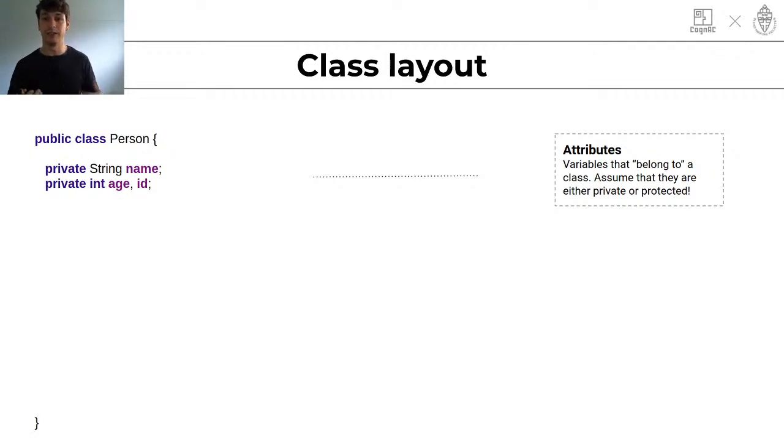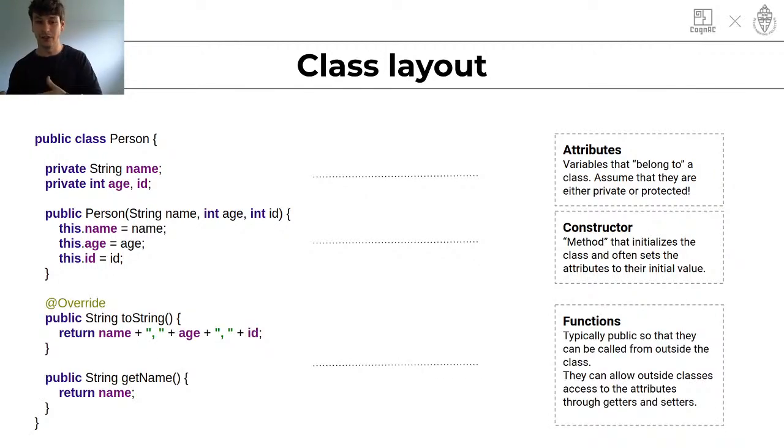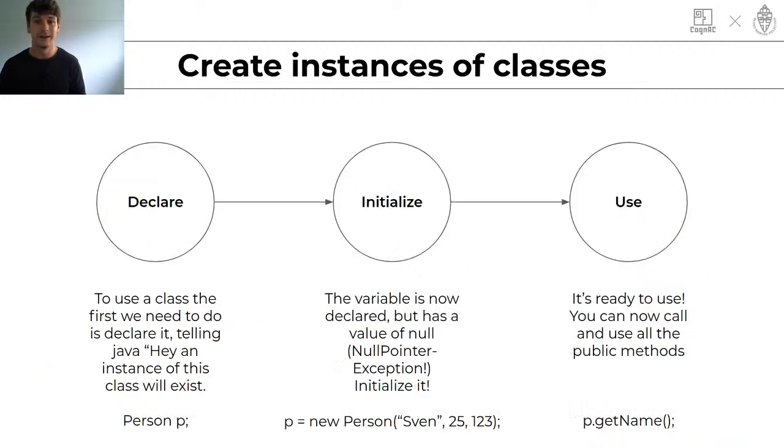The attributes are the variables that belong to a class and identify it. Then the constructor, the place where you initialize and set those attributes. And then the functions, the things that the class can do. I approach the slides like this, because this is also how I approach my code most of the time. So keep that in mind.